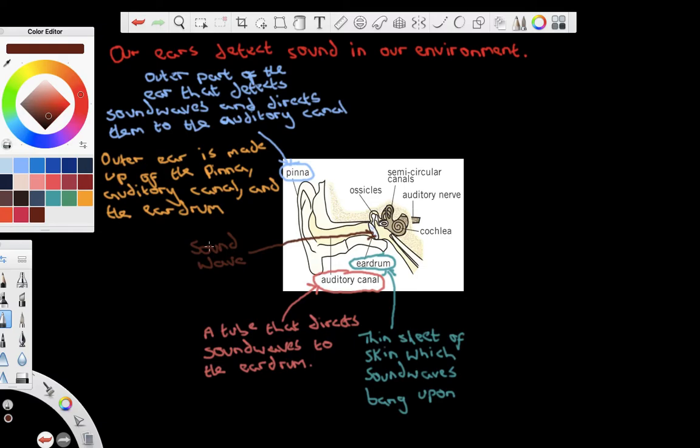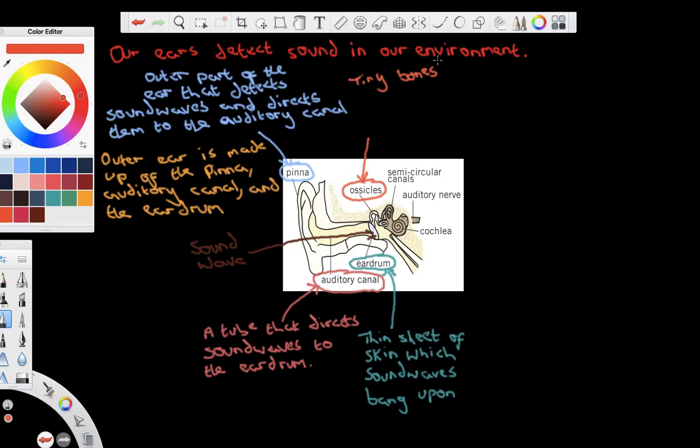Once the eardrum vibrates, it causes some bones known as the ossicles to vibrate. So our next one we need to define, I'll use this colour here, is the ossicles. And we can say that these are tiny bones. In fact, they're the smallest bones in your body, and when you're born as a baby, they're already full size.